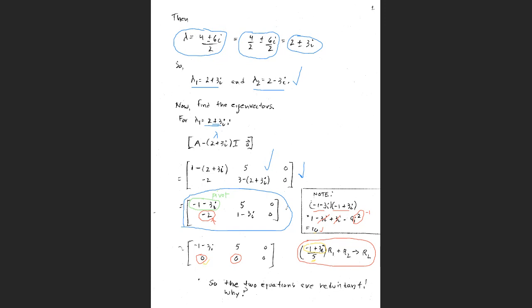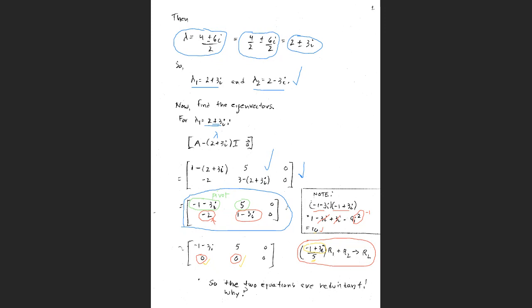But interestingly, it's not hard to see, that 5 times -1 plus 3i over 5 will give you -1 plus 3i, and if you add that to the 1 minus 3i below it, you also get 0.